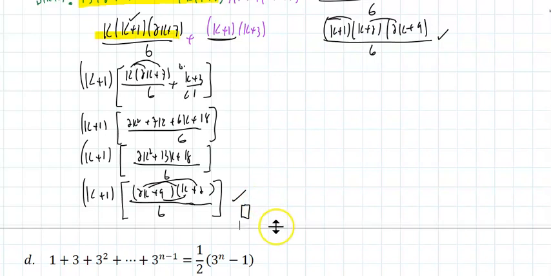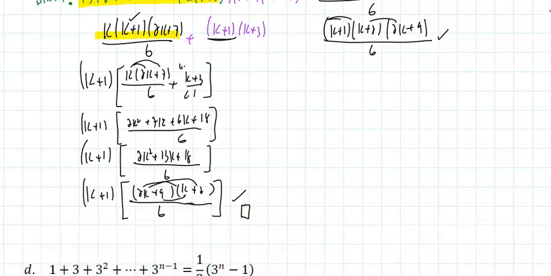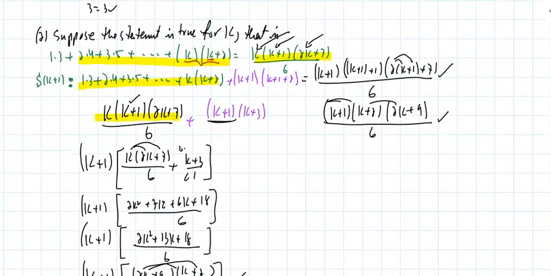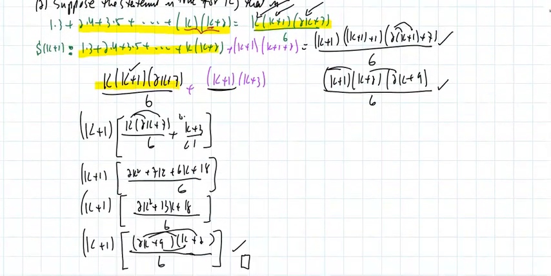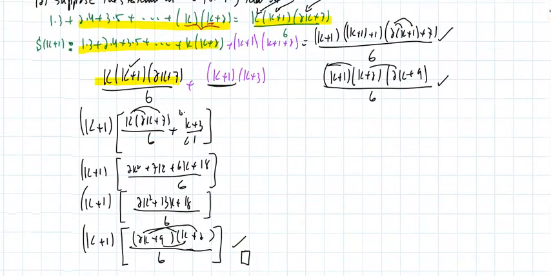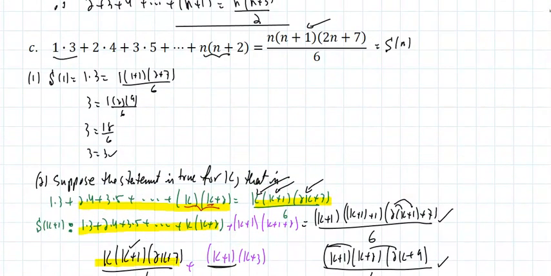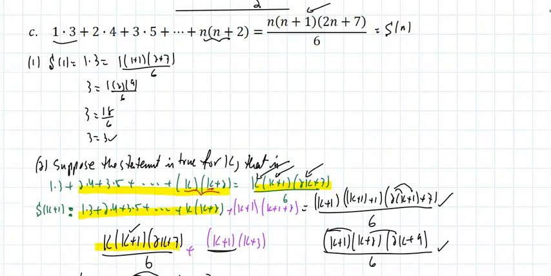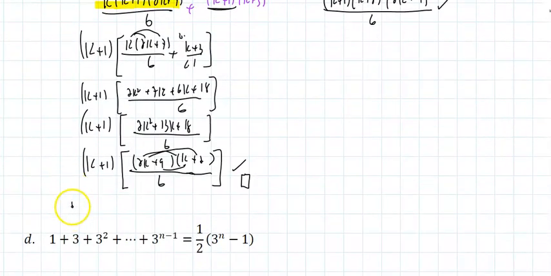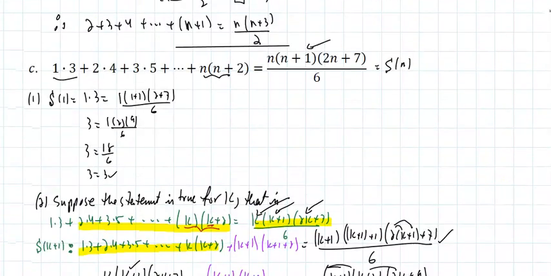Now what? If you don't write the symbol, I'm going to let it slide. But now what? You have to restate the original statement. 1 times 3 plus 2 times 4 plus 3 times 5 plus, and what was it again? I keep on forgetting.